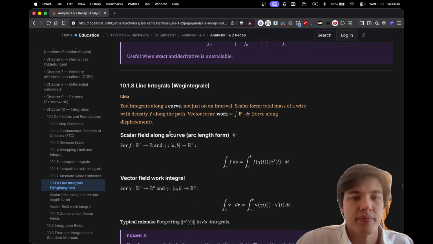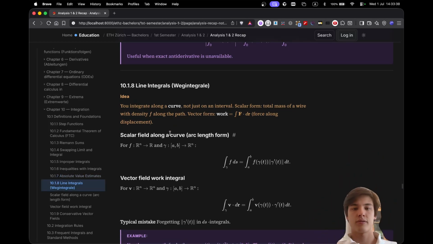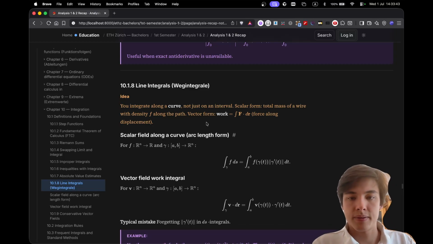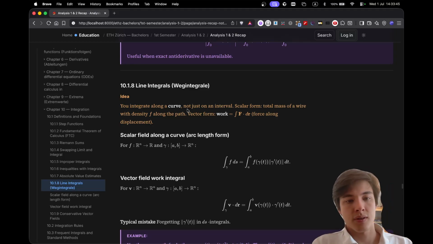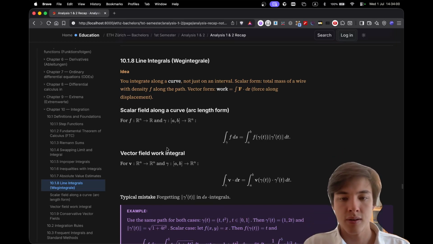Line integrals. If we integrate along a curve, not an interval, then the path has a density, or not necessarily a density, but if we walk along a curve, we need to scale it. We'll see it here.